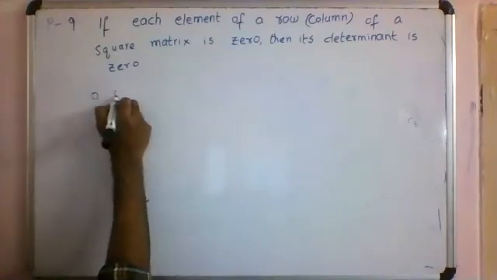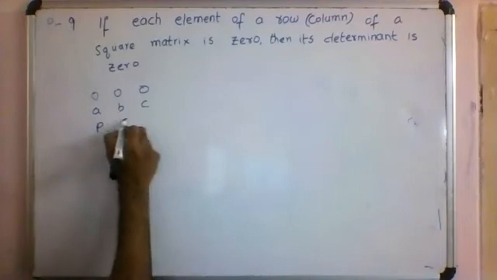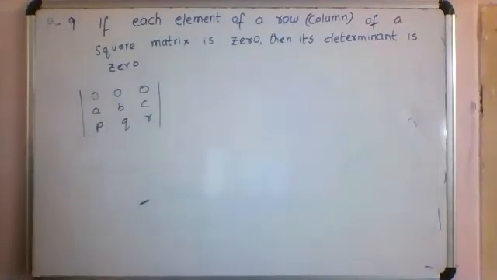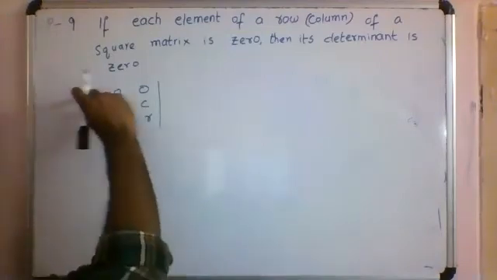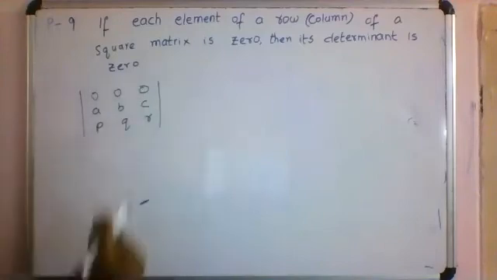If I keep 0, 0, 0, A, B, C, and P, Q, R, what will you do? Because there is a chance of expanding through any row or column, expanding the first row, 0 into anything is 0, minus 0 into anything 0, plus 0 into anything 0, so 0.